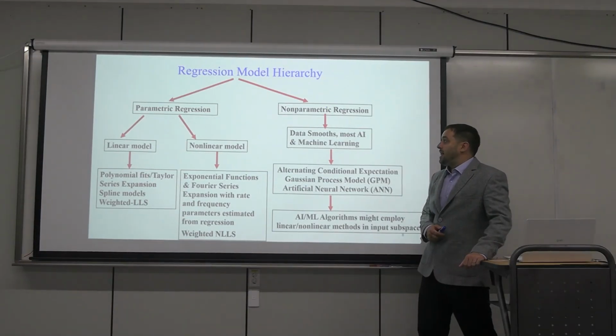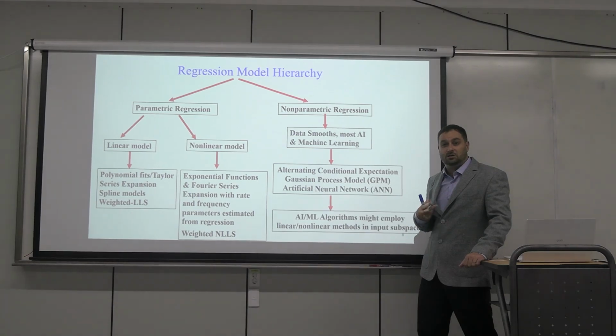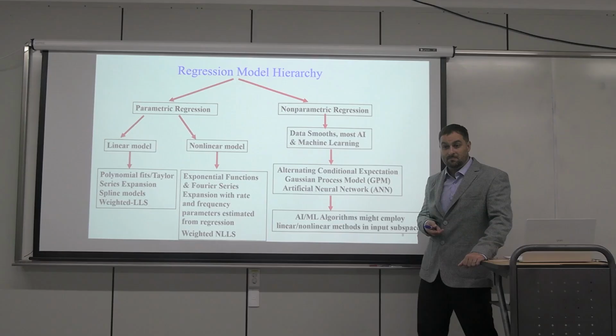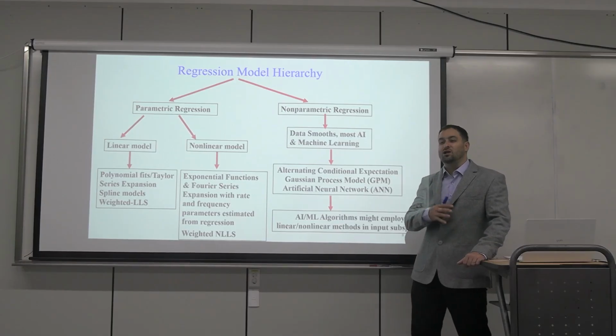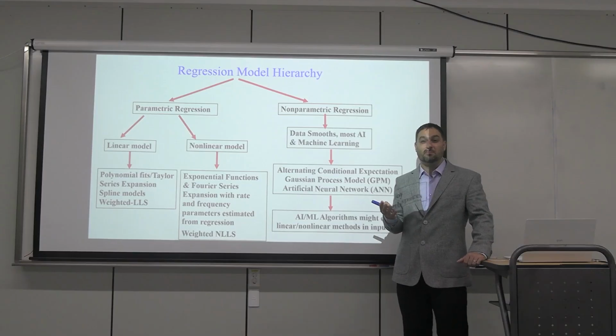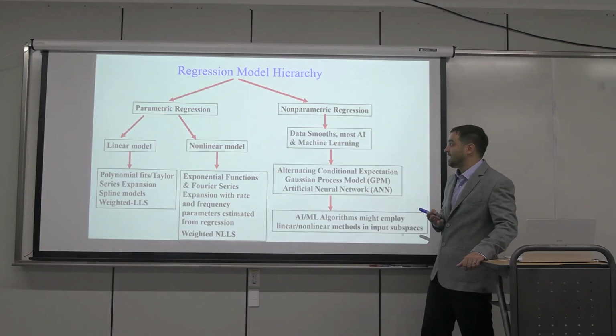Now that we've had some basic definitions and understand some of the terminology, let's go through the regression model hierarchy. Especially with the advent of personal computers, basically in the late 1980s, there has been an explosion of different regression methodologies in the past several decades.